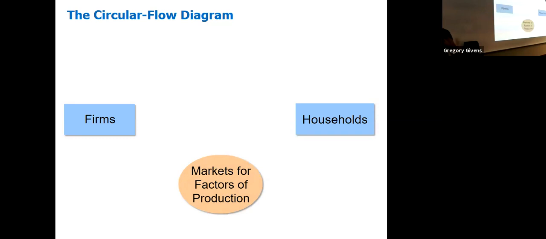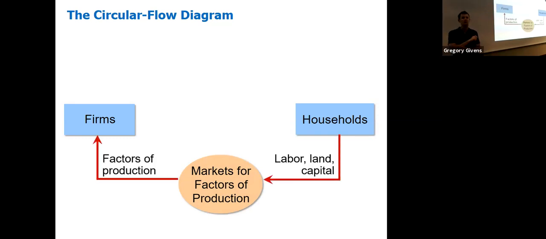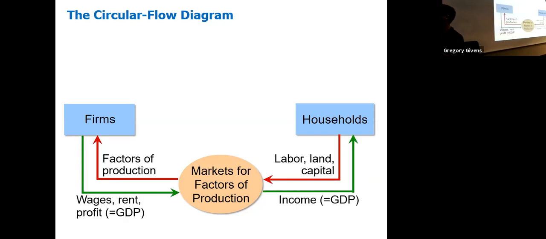There's two broad types of markets in our economy. One is the market for factors of production, right? What happens in that market? The factors of production, land, labor, and capital, are transferred to firms in exchange for income payments, right? Which I have labeled here as wages, rent, and profit.